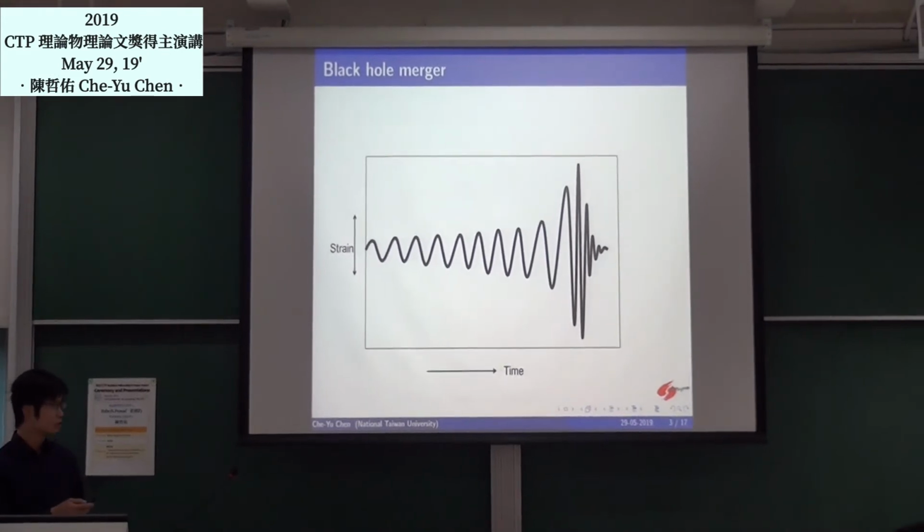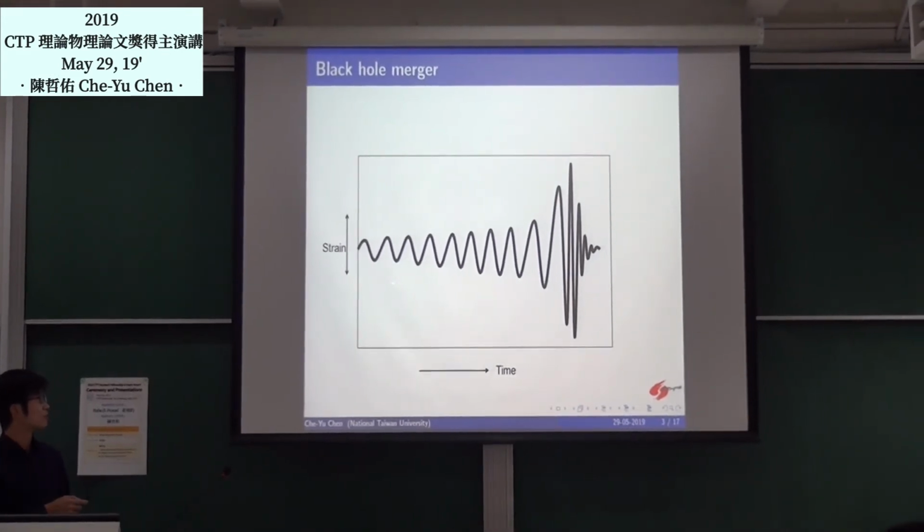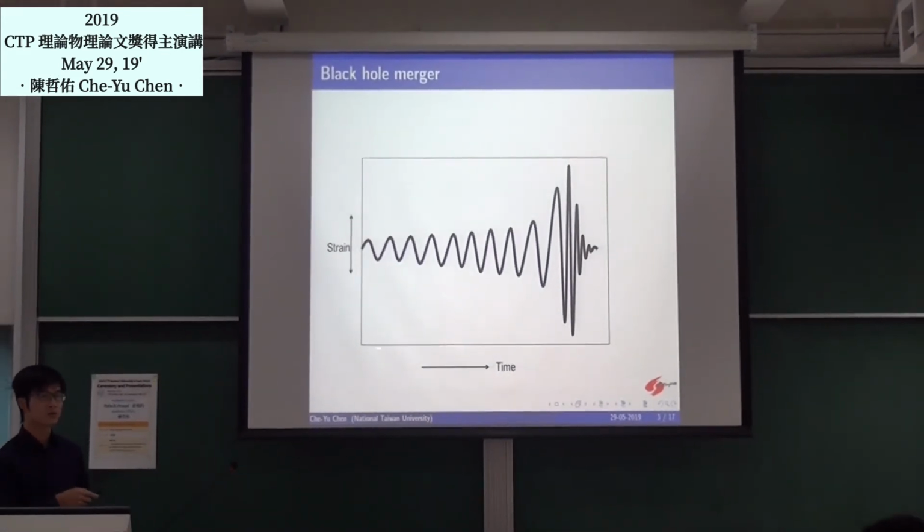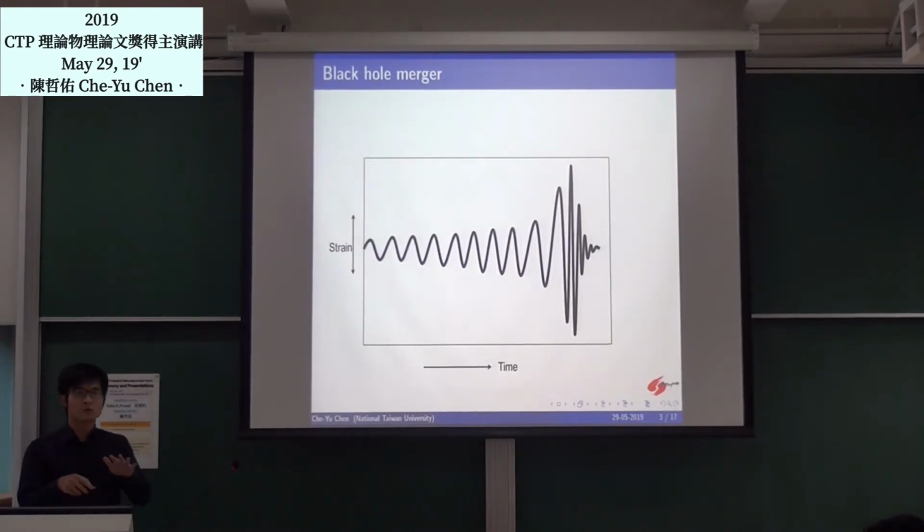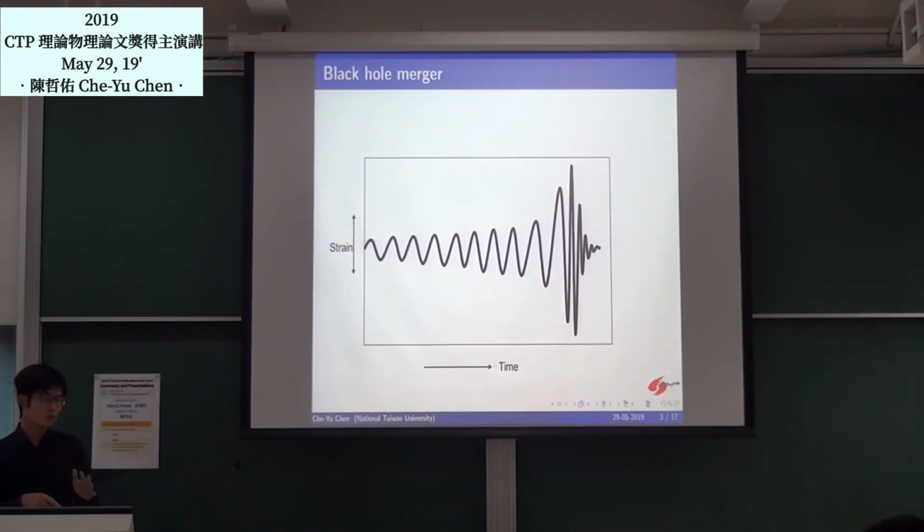Initially, imagine you have a binary system of black holes. They rotate around each other, but their orbit, their distance become smaller and smaller because they lose their energy by emitting gravitational waves. And in the end, they merge together to form the final black hole.